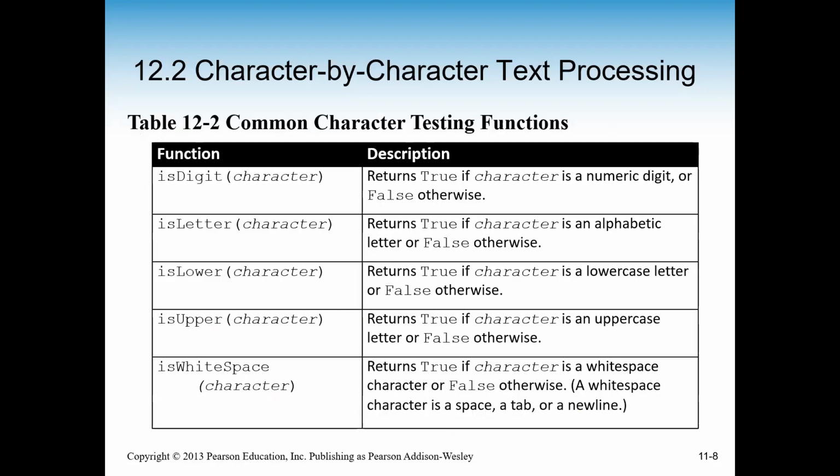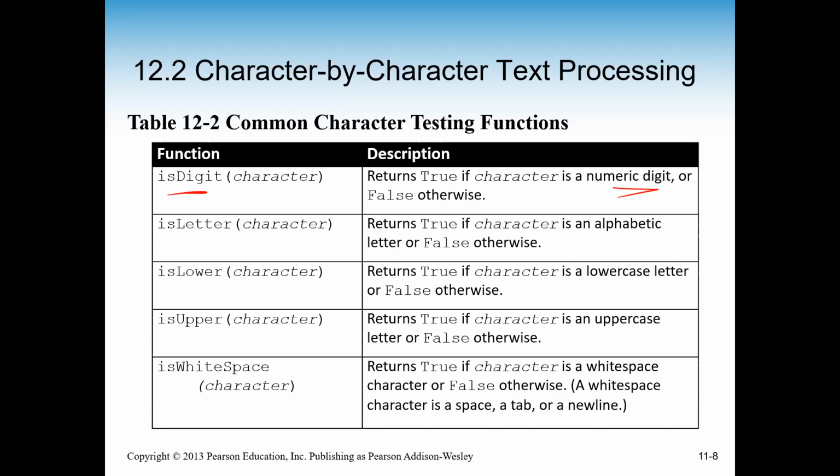Python certainly has a lot of functions. One thing we can try now is to check the strings or a character for different things. There's a function isDigit. It returns true if the character is a numeric digit or false otherwise. IsLetter would be the opposite of that. IsLower, IsUpper, that's good for checking if something is uppercase or lowercase.